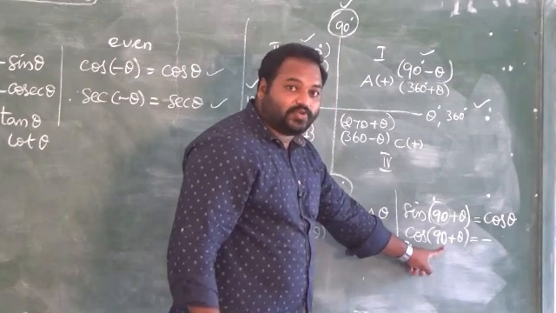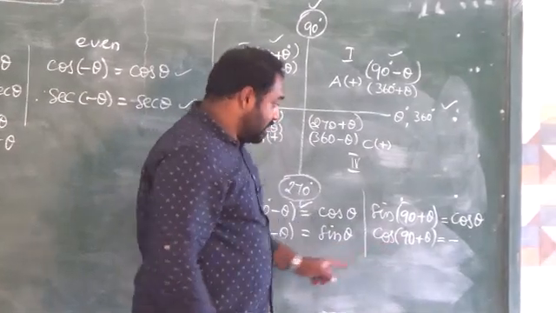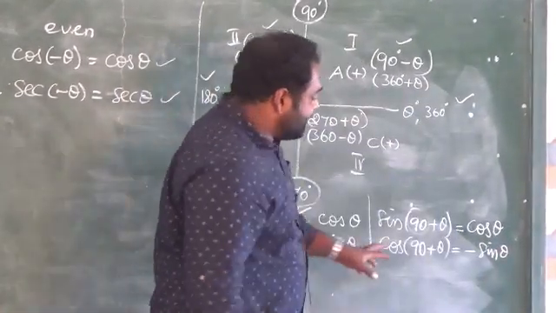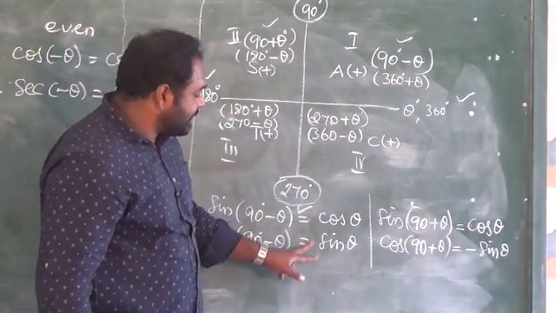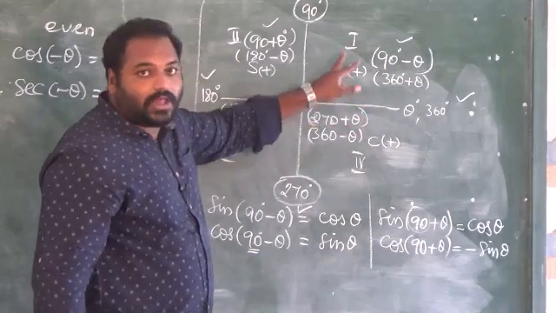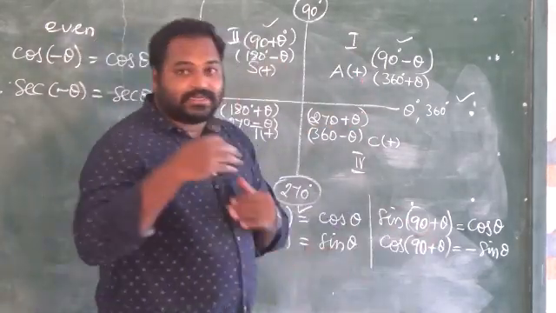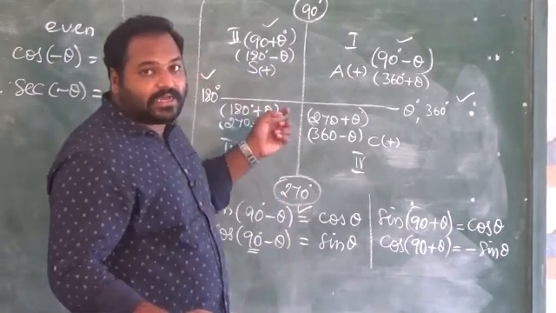When you see 90 and 270, we write the co-ratio. The co-ratio of cos is sine theta. You must know the changes of this answer too. See here, we have no change in the sign in the first quadrant because all are positive; only the co-ratio changes. But when you go to other quadrants, we have to check the sign, plus or minus.